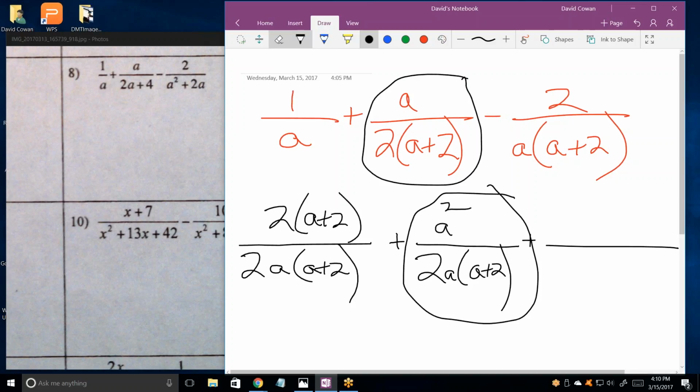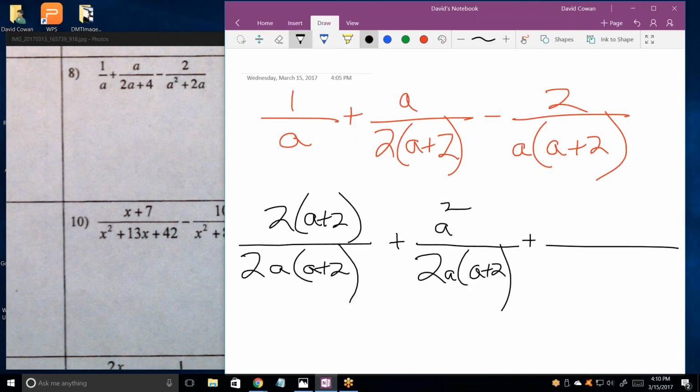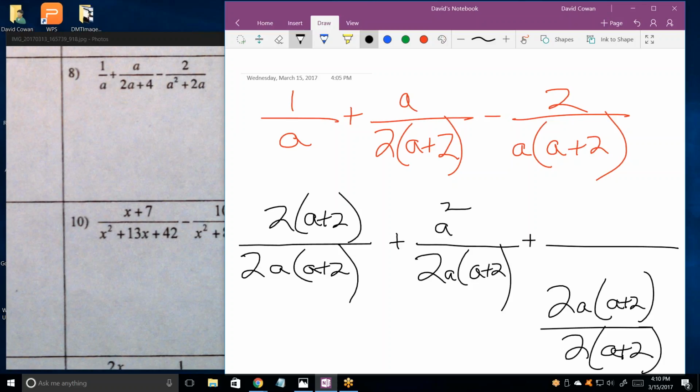Now, technically, the way I got that numerator was I divided my common denominator by this denominator, and I got a. But I got to multiply that a by this numerator, and that's how I get a squared.